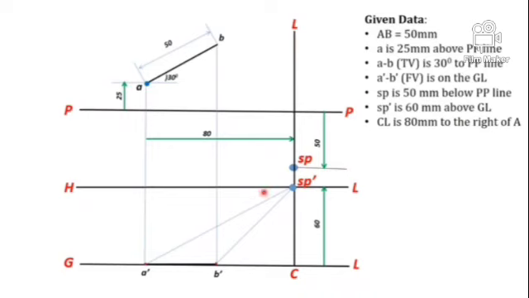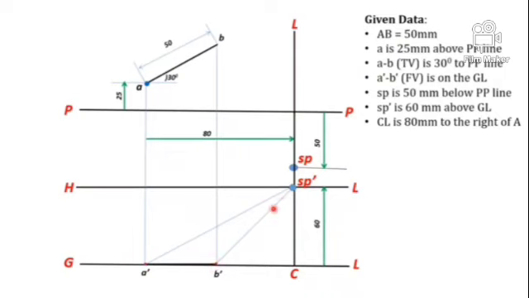These are the front view visual rays: the line connecting station point's front view and the front view points of the object. So SP dash A dash is one of the front view visual rays. SP dash B dash is another front view visual ray.